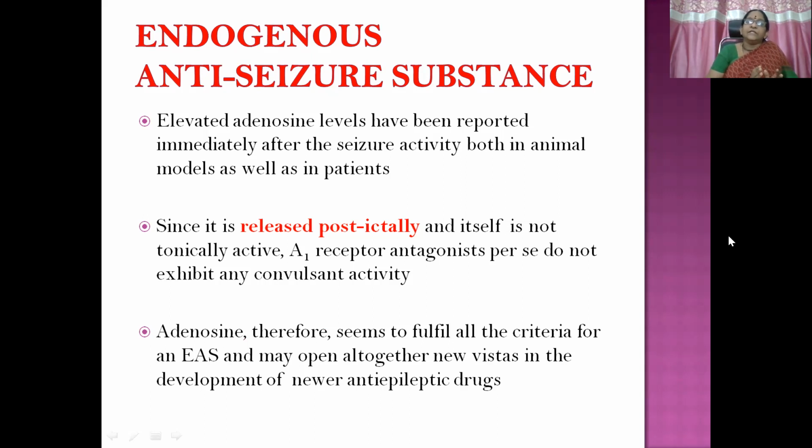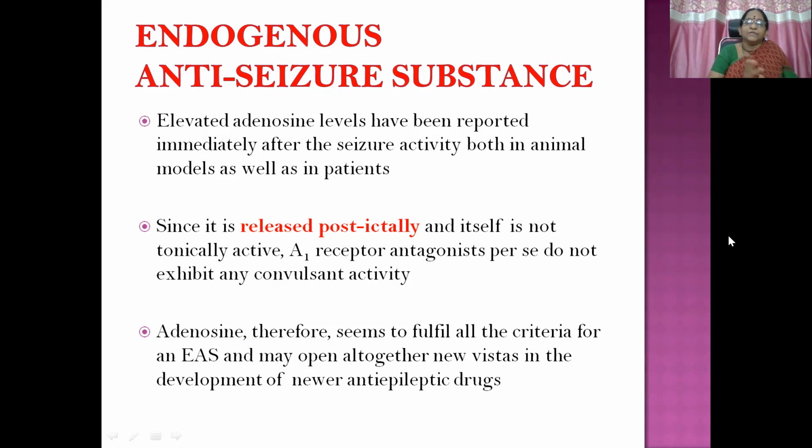So this adenosine does not have a preventative role. After one seizure attack has happened, there is a rise in adenosine level endogenously within the body so that it will stop further seizure attacks. But when this endogenous anti-seizure substance fails, then there is the manifestation of epilepsy. Because it is released post-ictally, it's not tonically active.